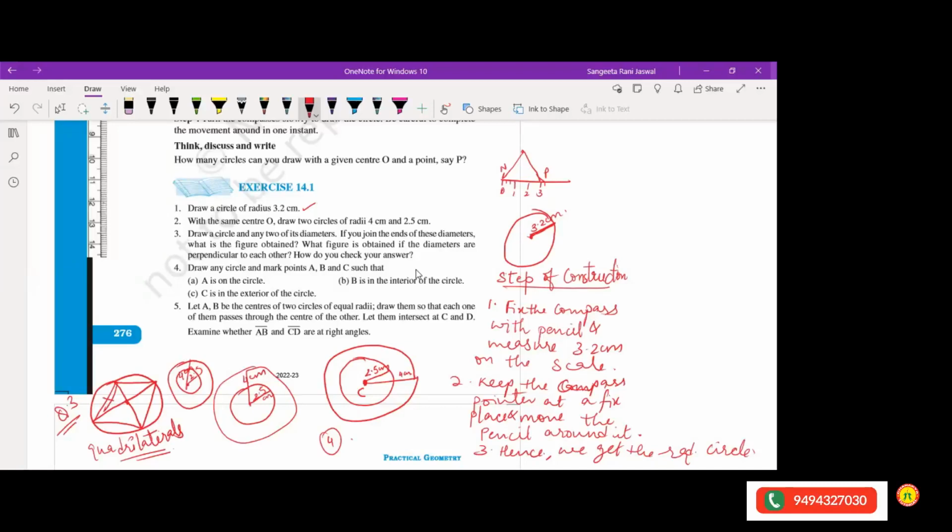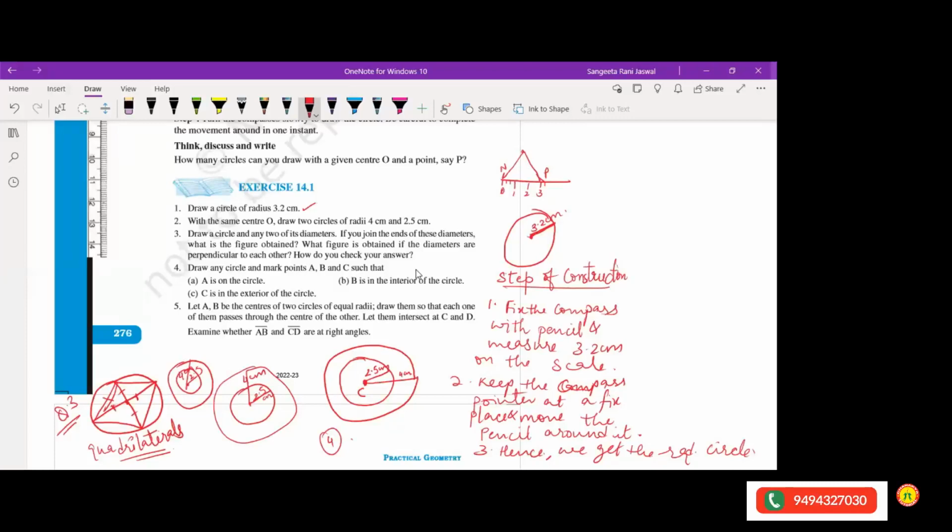Okay, now see, when I said these two diameters are perpendicular, perpendicular means they are making a plus sign here. The angle between them is 90 degrees. Now, these two diagonals are perpendicular and they are intersecting, they are bisecting each other, because this side is equal to this side is equal to this side.